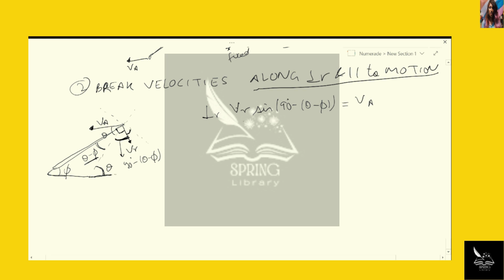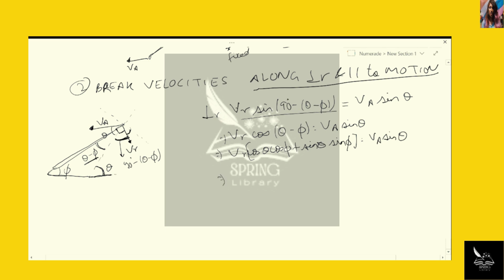So perpendicular to the wall, VR sine of (90 minus theta minus phi) has to equal VA sine theta, so that there is no net motion. So this gives us VR, this will become cosine of (theta minus phi), equals VA sine theta. Cosine of (theta minus phi) is VR times cos theta cos phi plus sine theta sine phi. And this is VA sine theta.